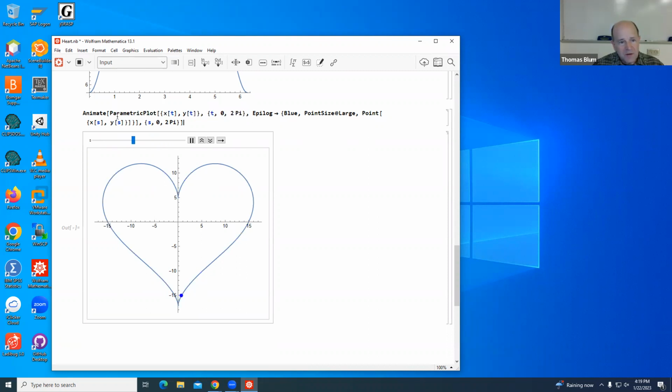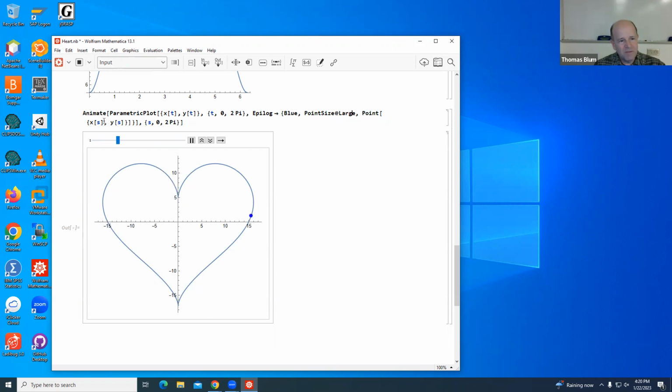So there is my parametric plot, but I added an epilogue of this blue dot. So this is something I'm adding to my graph. It's a blue dot of a large size. And then I used my X and Y functions and I introduced a new parameter, S, so it was independent of the T. The T was the parametric plot parameter or variable.